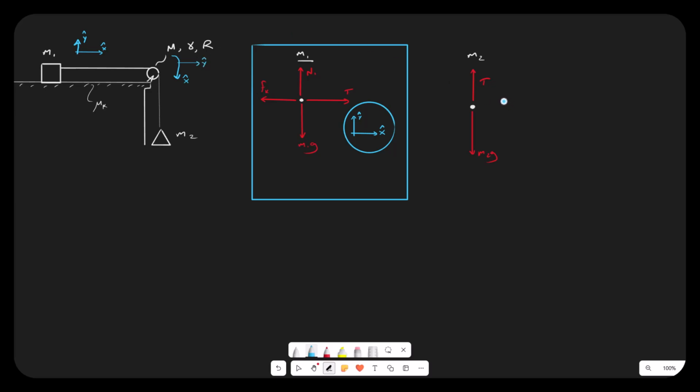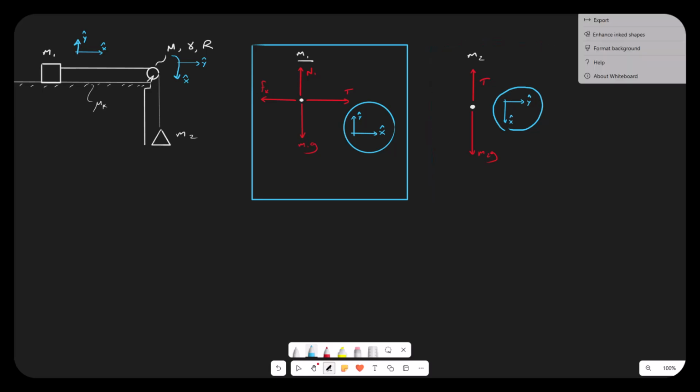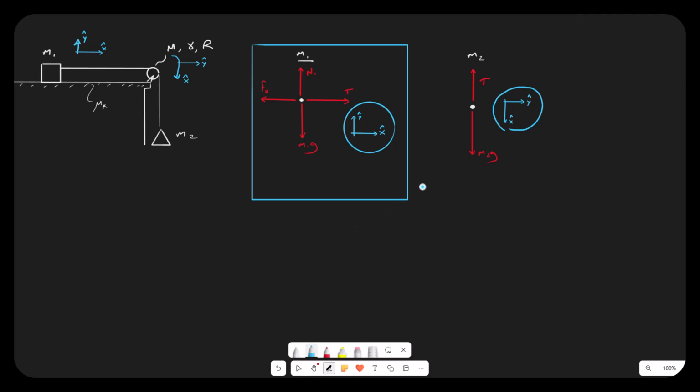I'm going to have to stick with that. So there's my y-axis, there's my x-axis, no surprises here. And there's my free body diagram for mass 2.